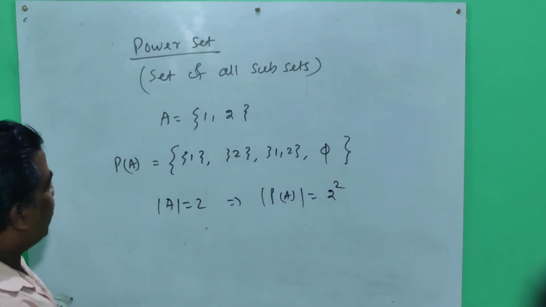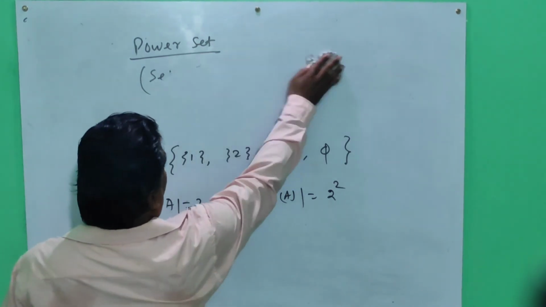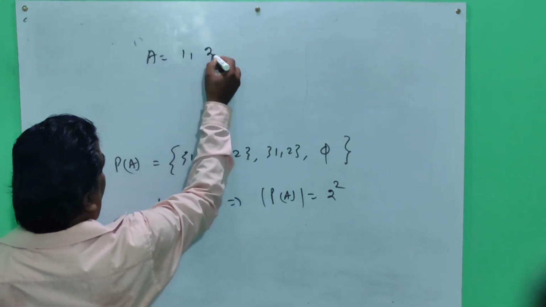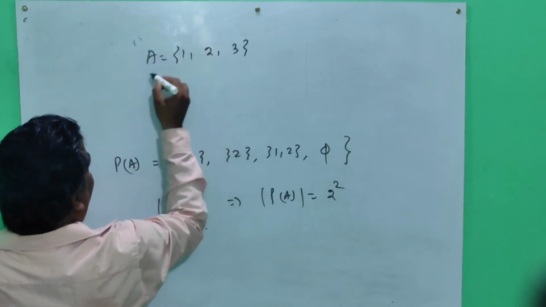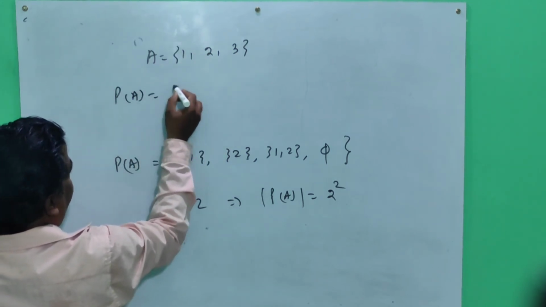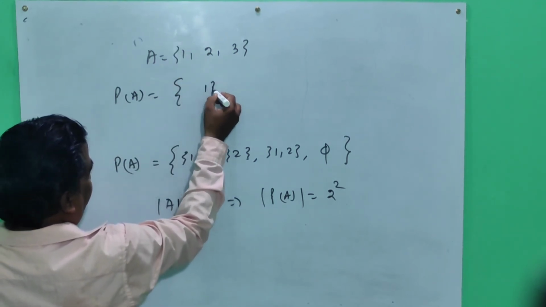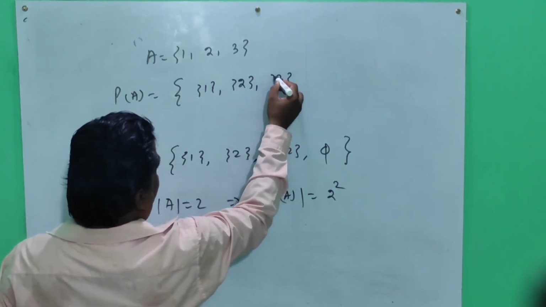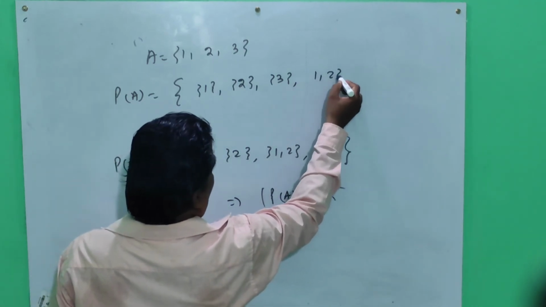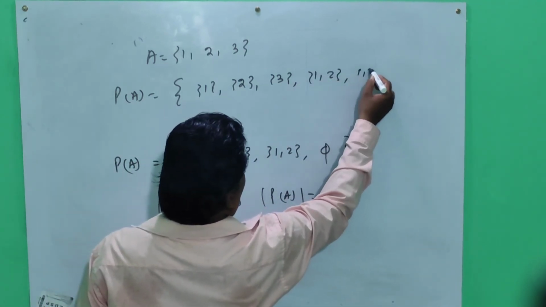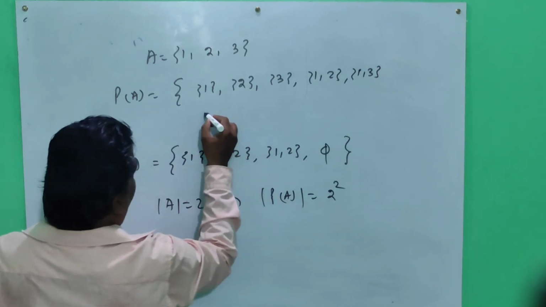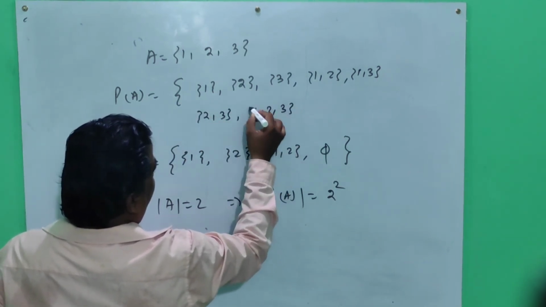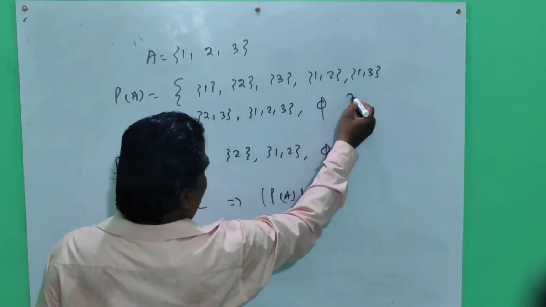If A is a set containing 3 elements, A is equal to {1, 2, 3}. Now for the power set, the set of all subsets, we take {1} is a subset, {2} is a subset, {3} is a subset, {1, 2} is a subset, {2, 3} and {1, 3} are subsets, {1, 2, 3} is a subset, and phi is a subset of every set.